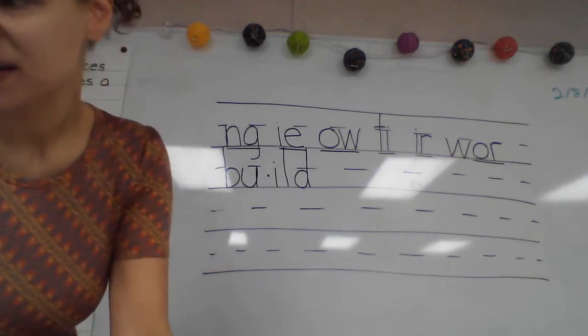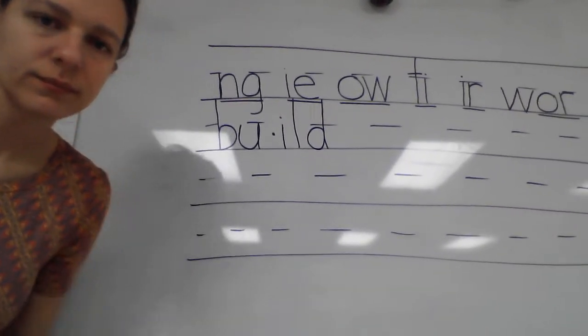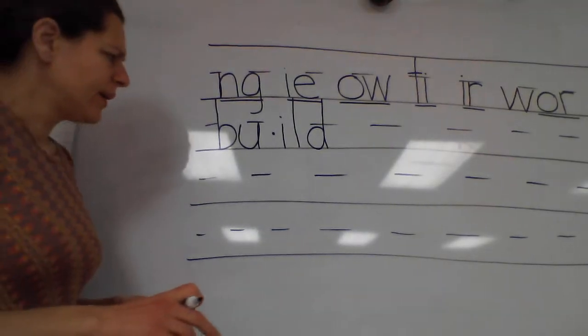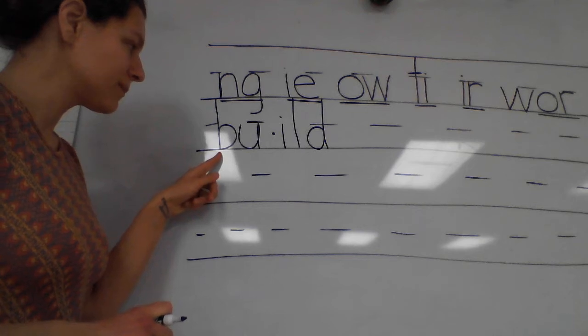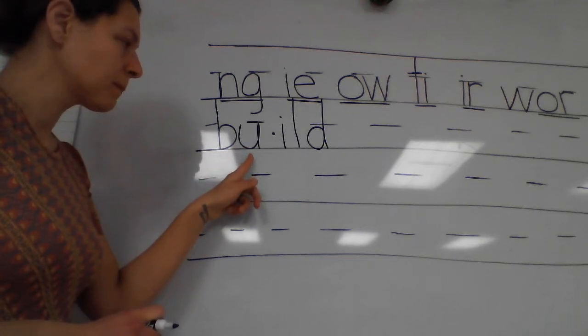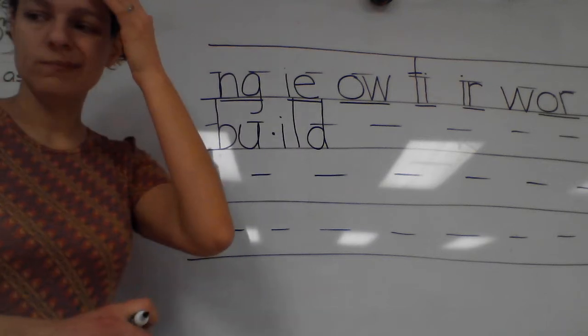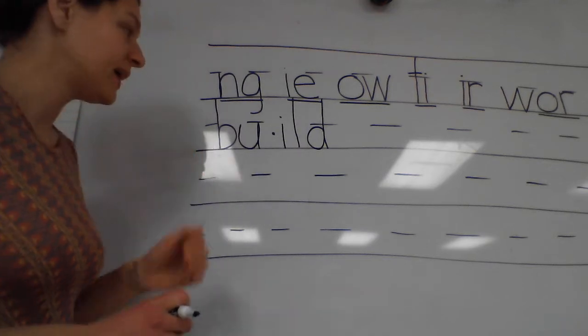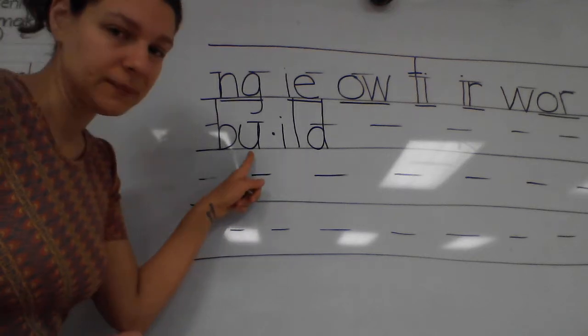All right, class, make sure yours looks like mine. All right, class, does this need a marking? How about this one? There are different things that we could do, because when we say build, do we hear this?